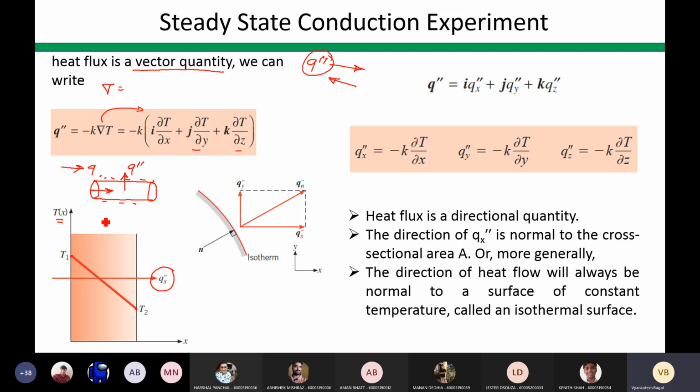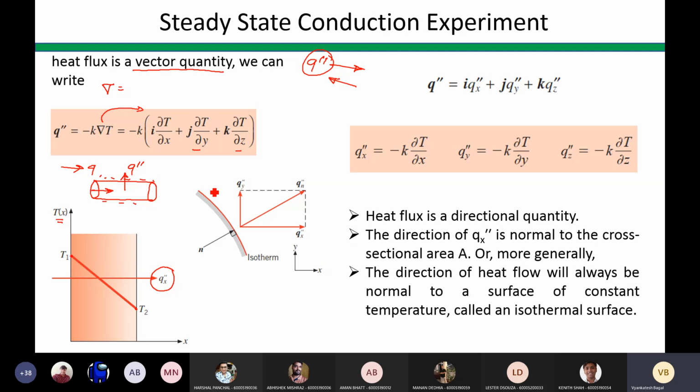So that time I am saying the temperature distribution is like this, correct? So what I want you to understand is the direction of the heat transfer or the heat flux is normal to this face, right? Or the surface. Do you get my point or not? I repeat, the direction of the heat flux is normal to the surface. Clear?